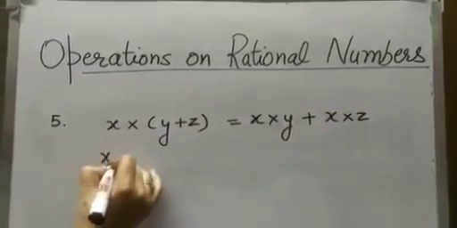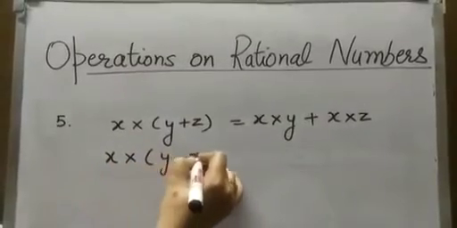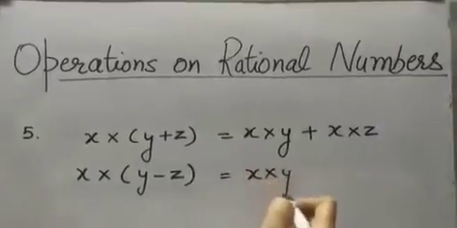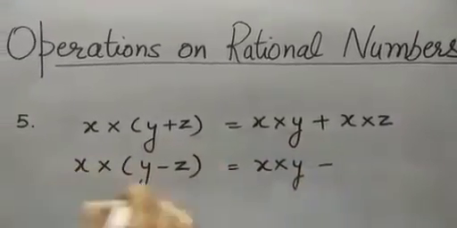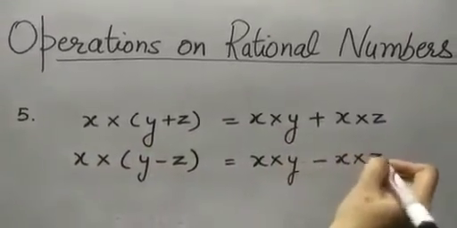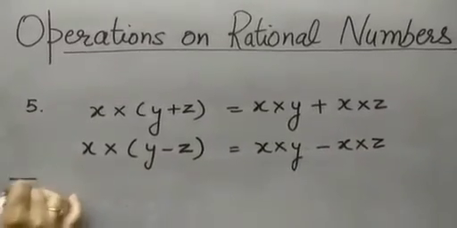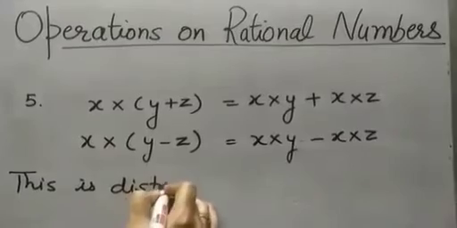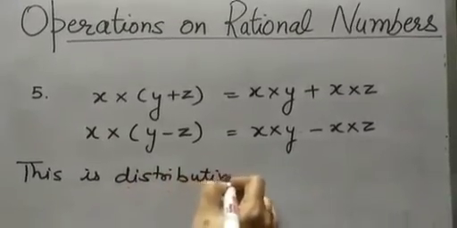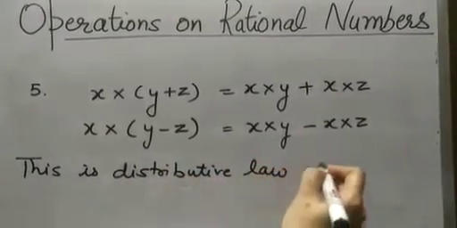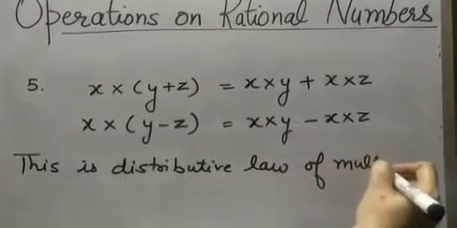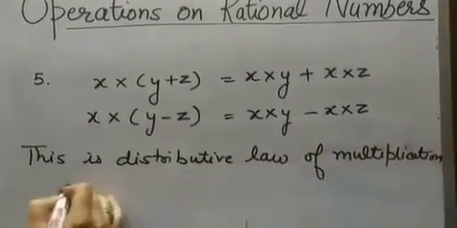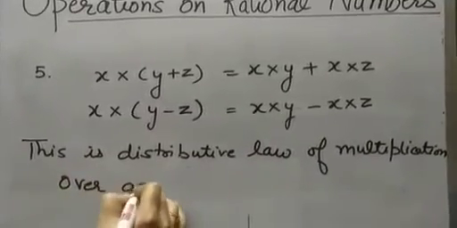In the same way, x multiplied by y minus z is x multiplied by y, minus x multiplied by z. This is the distributive law of multiplication over addition.